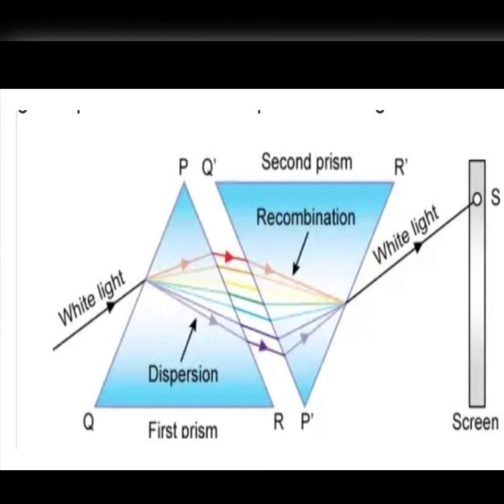So, the colored lights have different speeds. The constituent colored lights are refracted to different extents inside the prism. Moreover, refraction of a light ray is inversely proportional to its wavelength. Thus, the red color of light, which has a large wavelength, is deviated less, while the violet color light, which has a short wavelength, is deviated more.